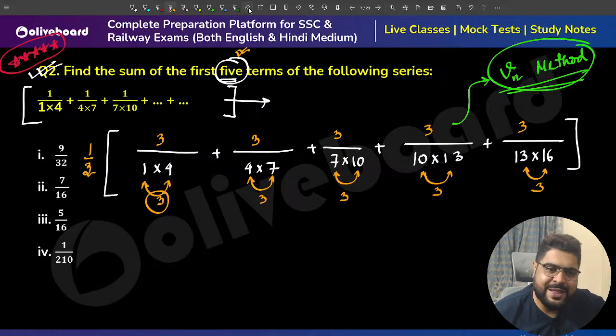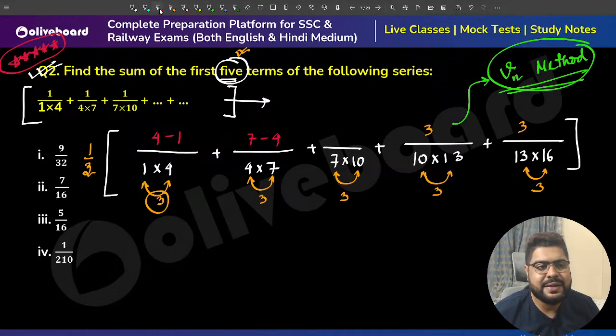And every 3 I can write as 4 minus 1. This 3 I can write as 7 minus 4. This 3 as 10 minus 7. This 3 as 13 minus 10. This 3 as 16 minus 13.